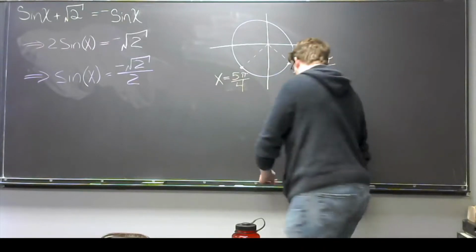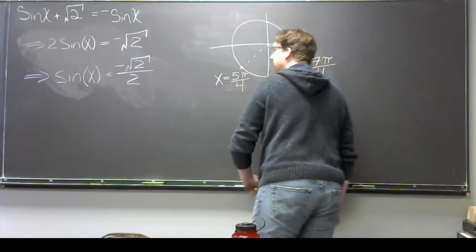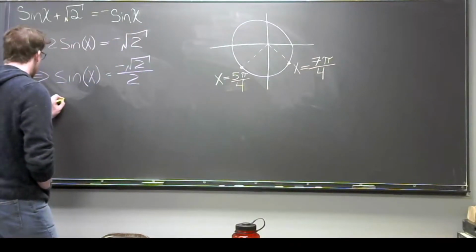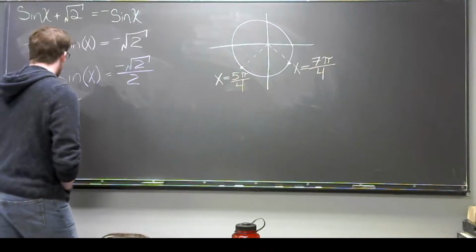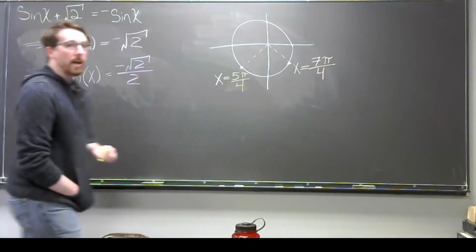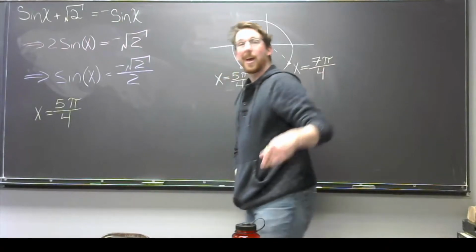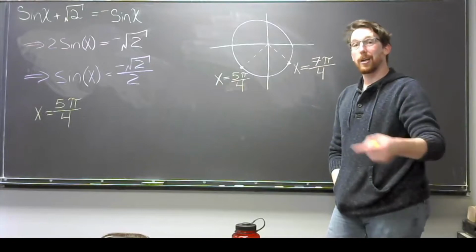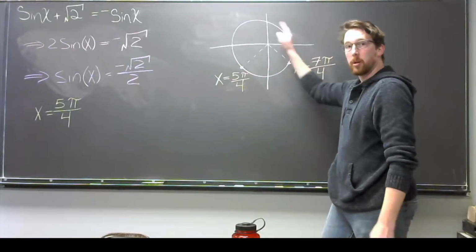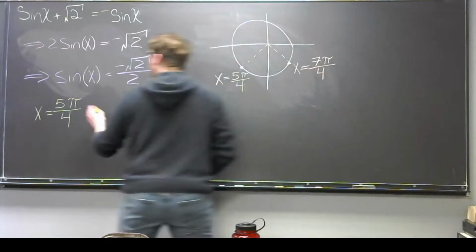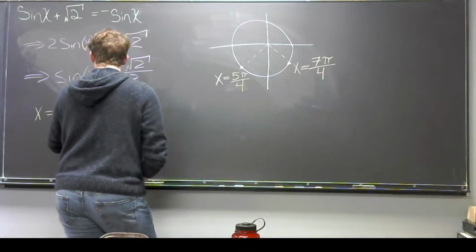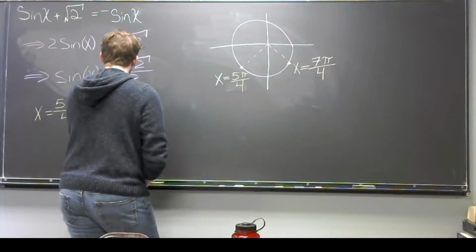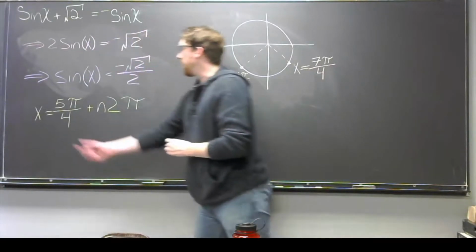So we can't just say x is equal to 5 pi over 4 and leave it at that. We have to include every time we go through that point, and we go through that point every 2 pi rotations. So one answer is n times 2 pi plus 5 pi over 4.